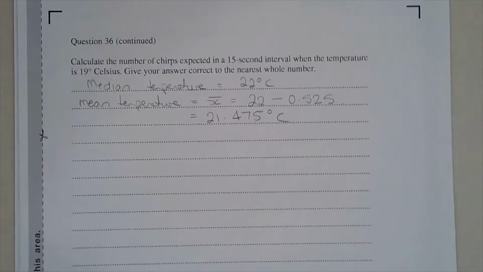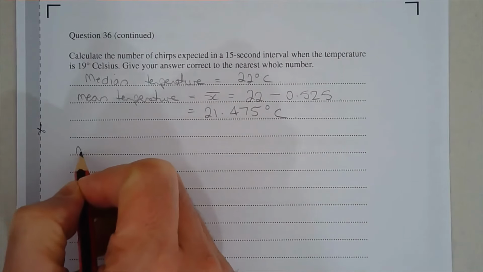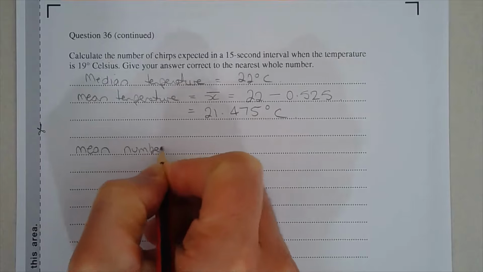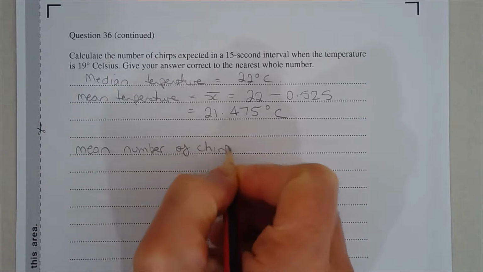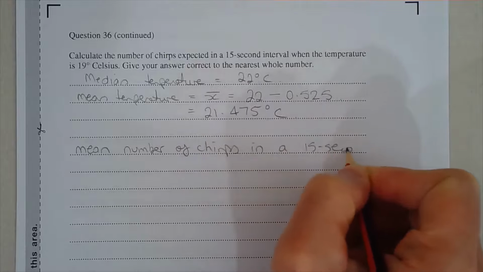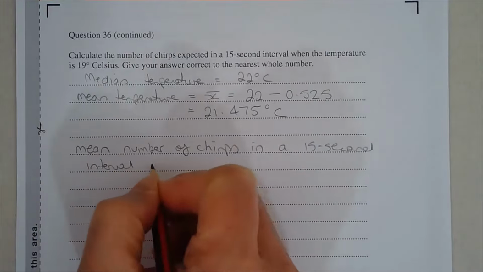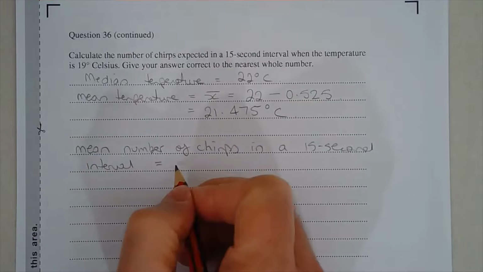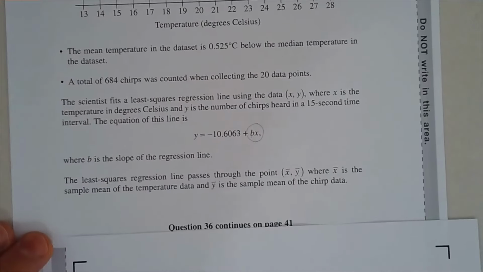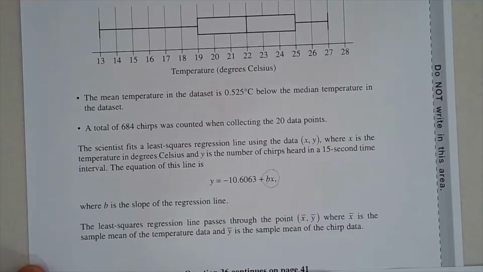So let's work out the mean chirp data. What's the mean number of chirps in a 15-second interval? That's in fact equal to y bar, which is equal to 684 divided by 20.